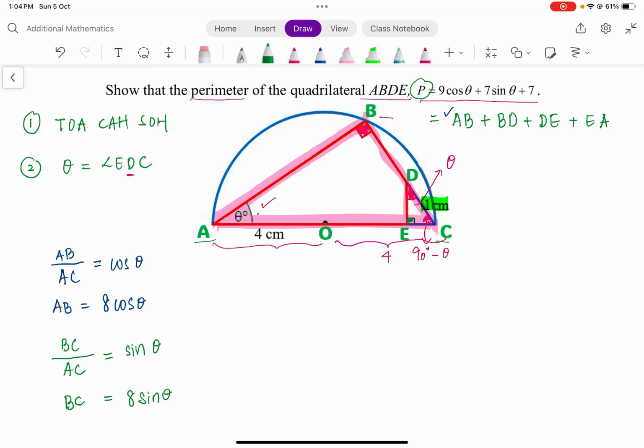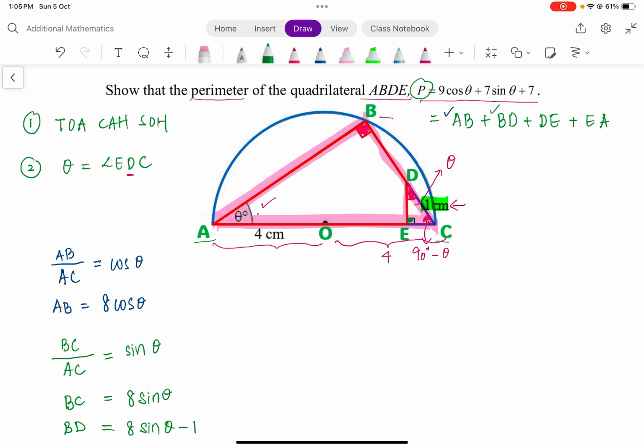Since I know that DC is equal to 1 cm, I am able to work out that BD is equal to 8 sine theta minus 1. So with this, I found the length of BD. Once this is done, we can move on to work out the length of DE.